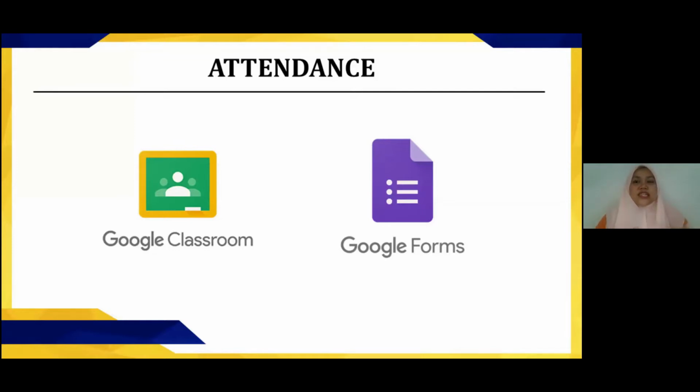Because I see a lot of teachers have the Google Classroom for work submission, and then they have the link for their students' attendance in Google Forms. So I think that we can actually just combine both attendance and work submission in Google Classroom, right? And as for Google Forms, I see that a lot of teachers either make it too simple, in the sense that it only has the student's name and date.